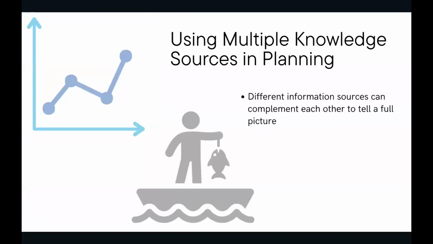So oftentimes different information sources complement each other and they tell a more complete or full picture that can support management decisions. So for example, scientific information may be able to point to specific threats like overfishing or decline in fish populations, but understanding why that's happening might be better understood through local stakeholder knowledge by helping to clarify things like there's a lack of understanding about the boundaries of the site, or there's a lack of alternative areas for people to fish or alternative livelihoods.